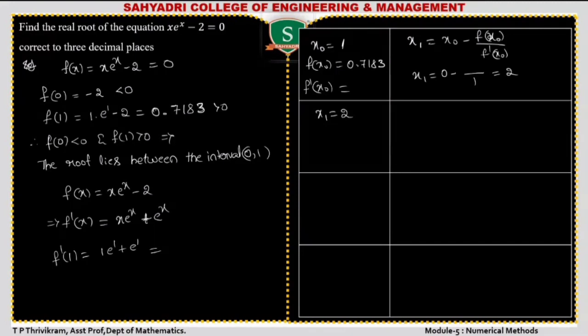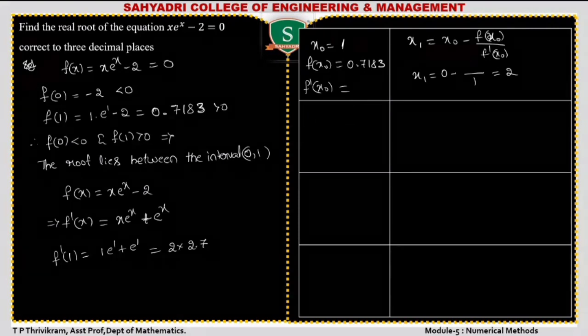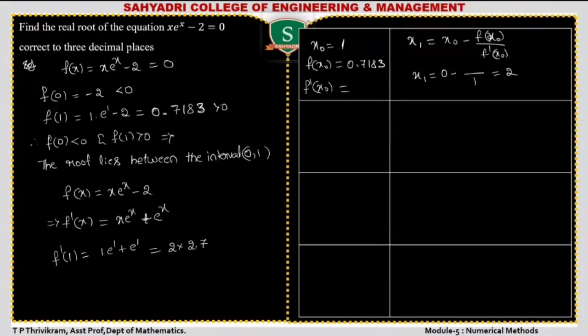This will be 2e, so 2 into 2.718, which is 5.4366.